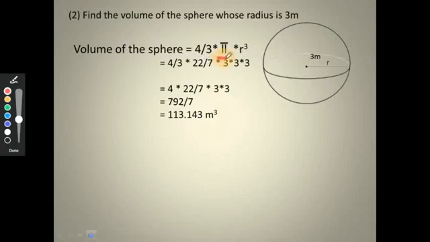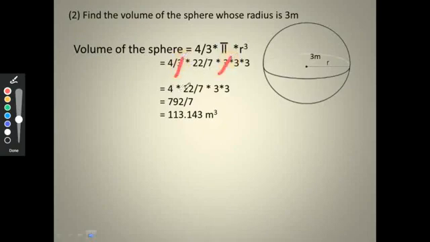The value of pi is taken to be 22 by 7. So it is 4 by 3 into 22 by 7 into r cube. 3 times of the radius, so it is 3 into 3 into 3, and this 3 and this 3 can be cancelled.